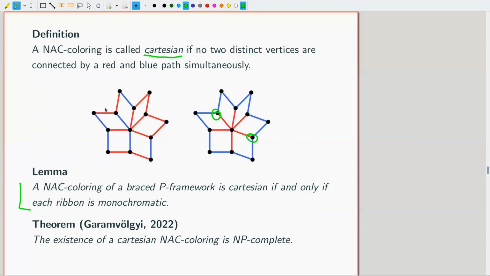If we check all the ribbons here, they are red, red, red, red, and here I have a blue ribbon and a blue ribbon. So the NAC-coloring is Cartesian.